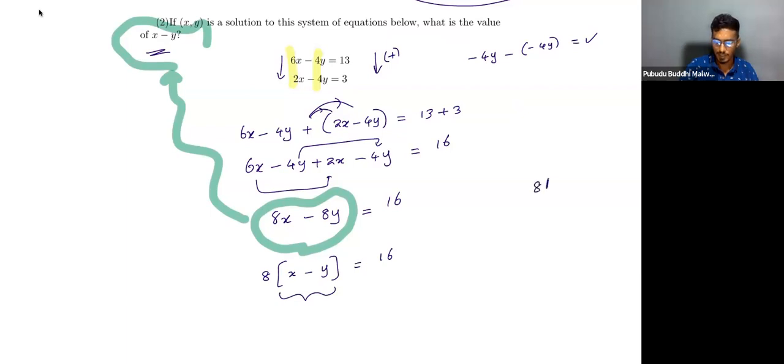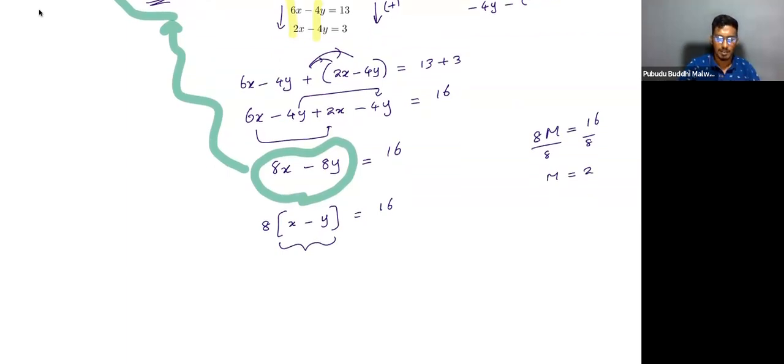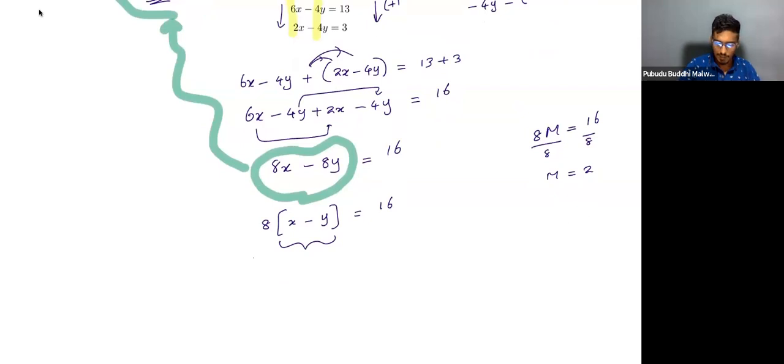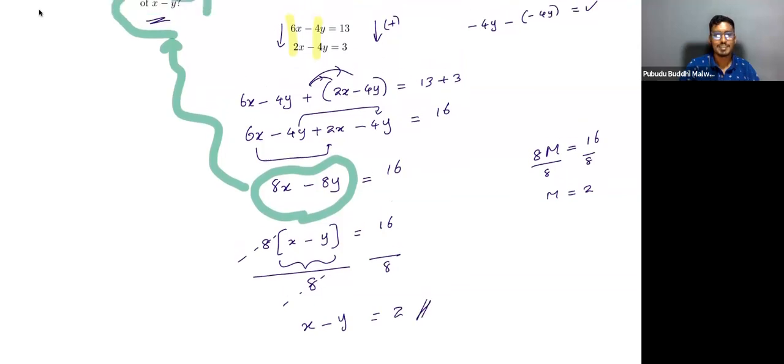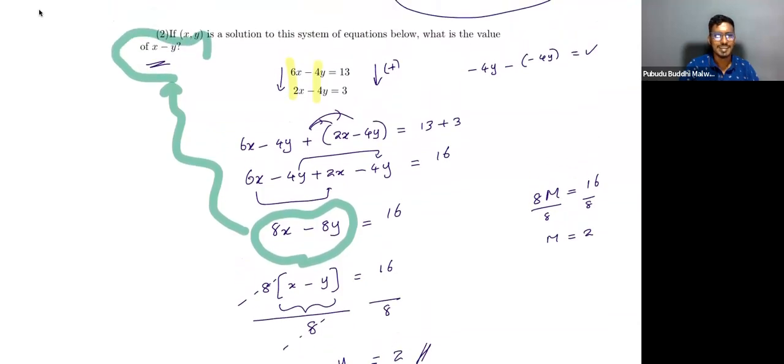So 8m equals 8x minus 8y. Then divide both sides by 8. That's also correct. To practice this idea, you can use a different symbol. Then let's divide both sides by 8. 8 and 8 can cancel. x minus y equals 3. That's the answer.